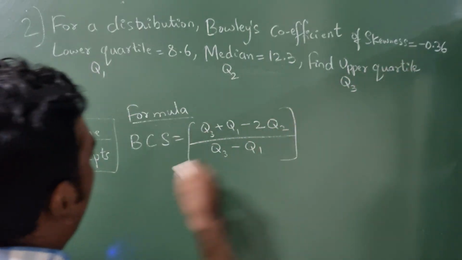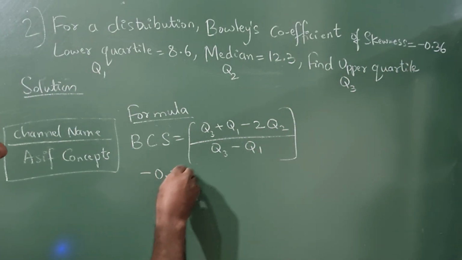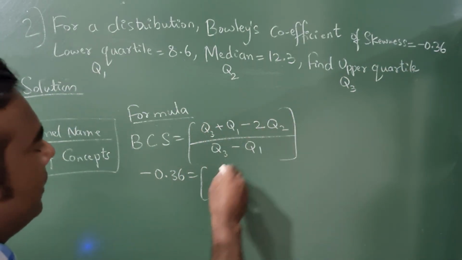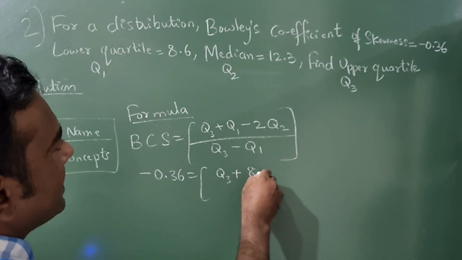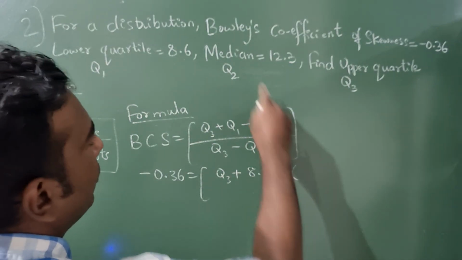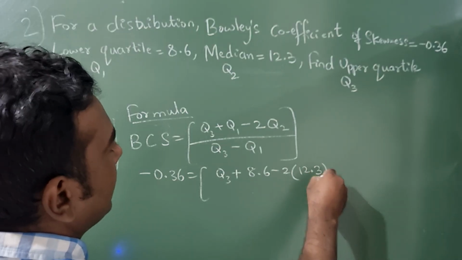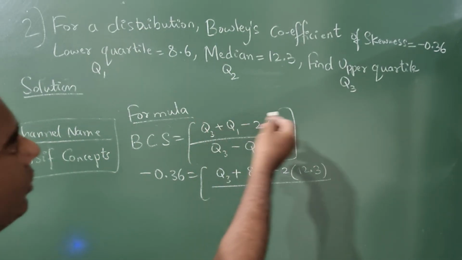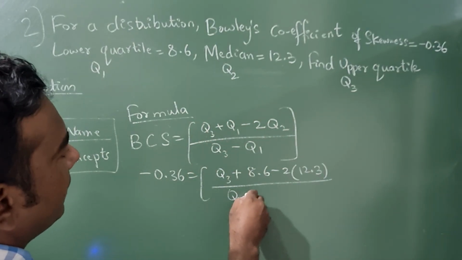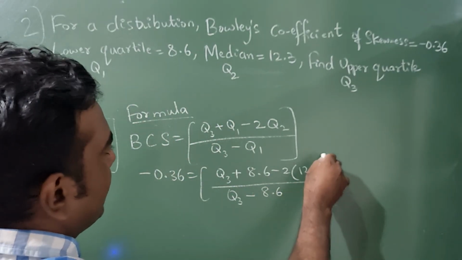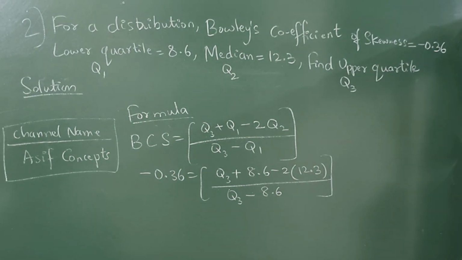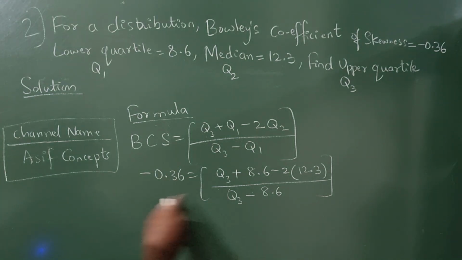Now what is this? Minus 0.36. Q3 you need to find out, plus Q1, 8.6, minus 2 into Q2, 12.3, divided by Q3 you need to find out again, minus Q1, which is 8.6. Fine. Now cross multiply these two.